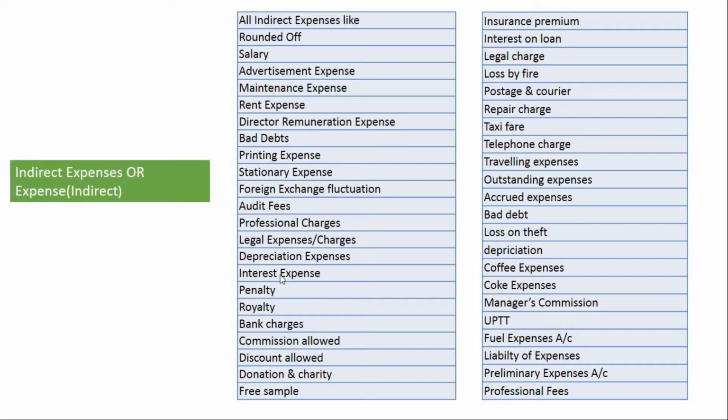Then we have indirect expenses, which in Tally can be shown as expenses in bracket indirect. All the indirect expenses, basically whatever comes in the profit and loss account, that is taxi fare, postage and courier, loss by fire.